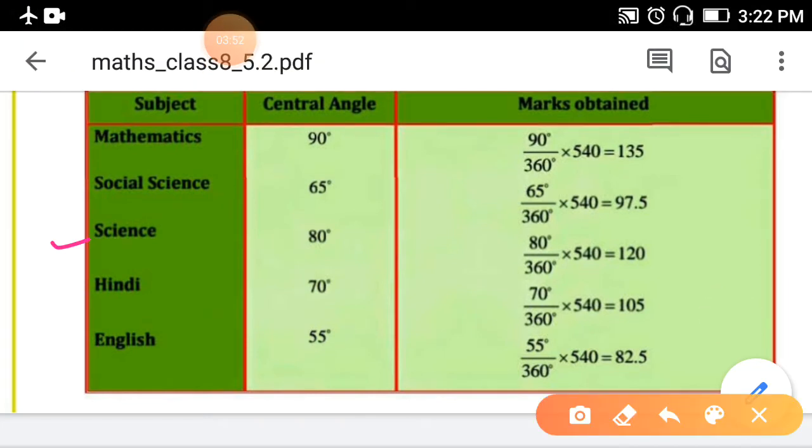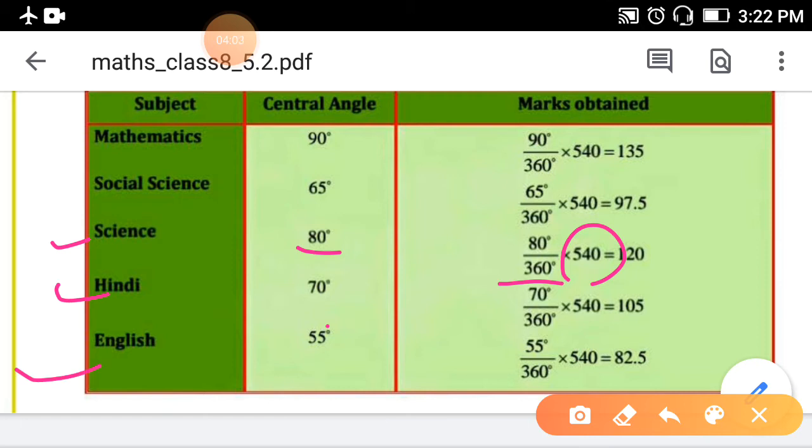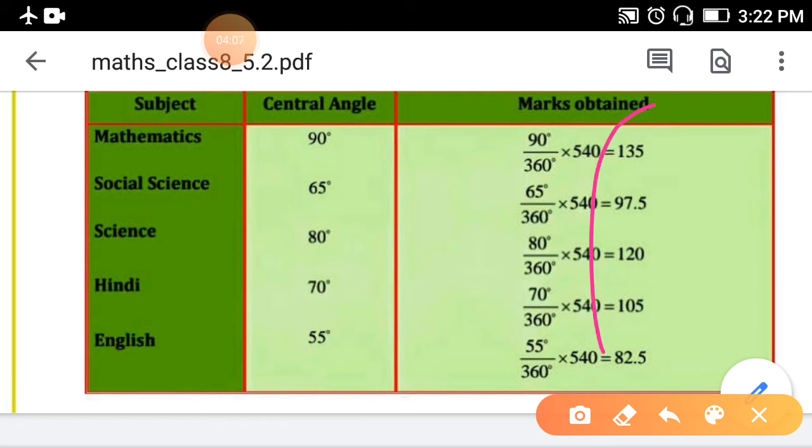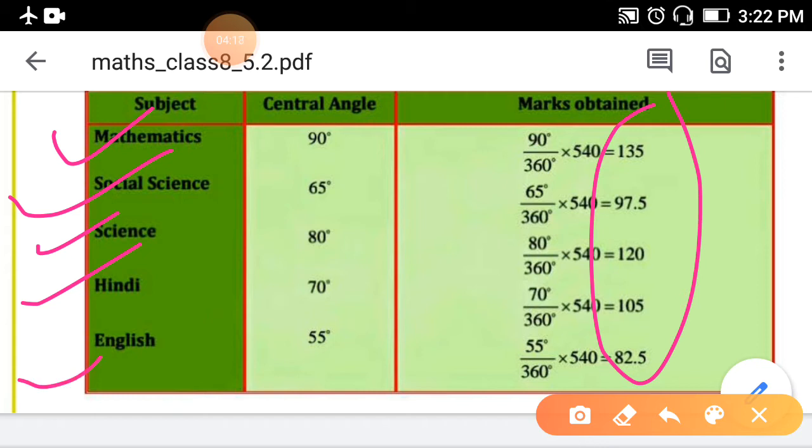Science, 80 divided by 360 multiplied by 540. Hindi, 70 divided by 360 into 540. English, 55 divided by 360 into 540, and solve it. You will get the marks: in maths 135 marks, social science 97.5 marks, science 120 marks, Hindi 105 marks and English 82.5 marks.